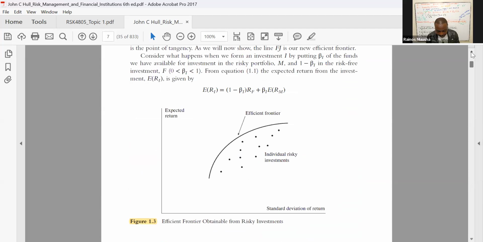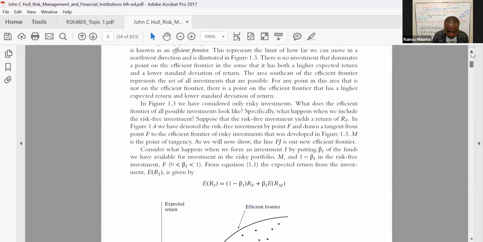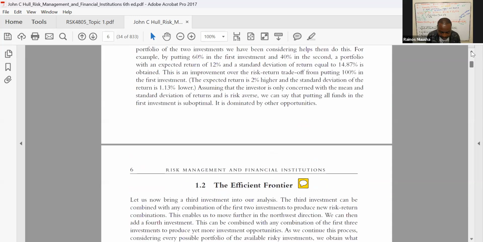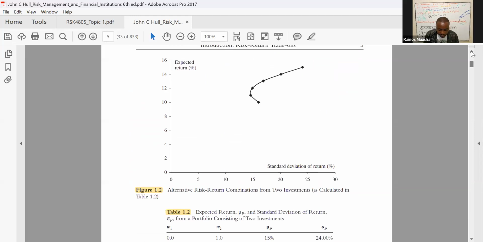So when you look at the efficient frontier, before we look at what is given in the text, I'm going to start off by analyzing using a simple hypothetical example.